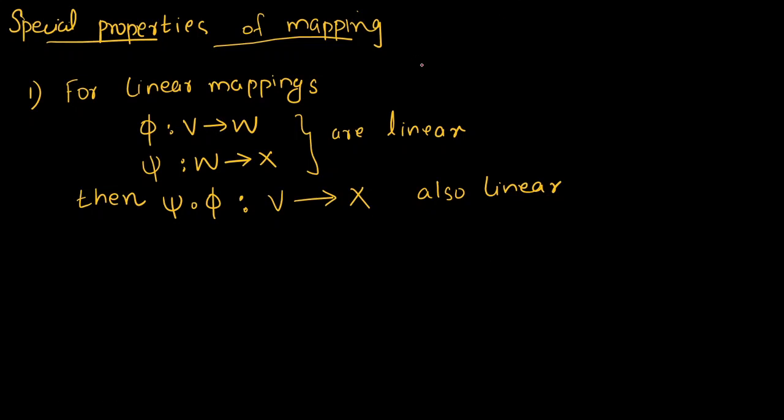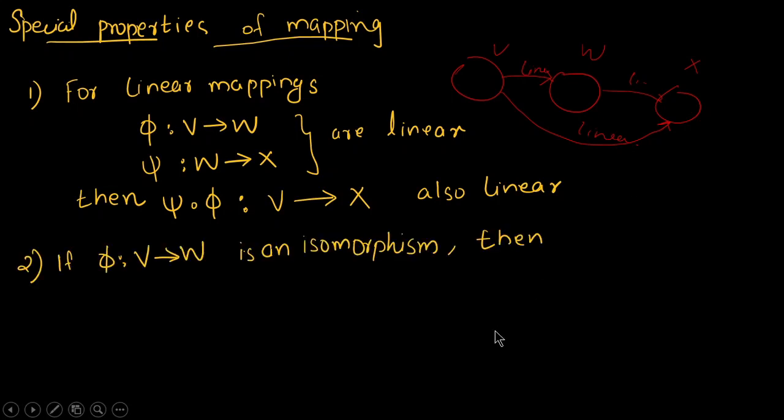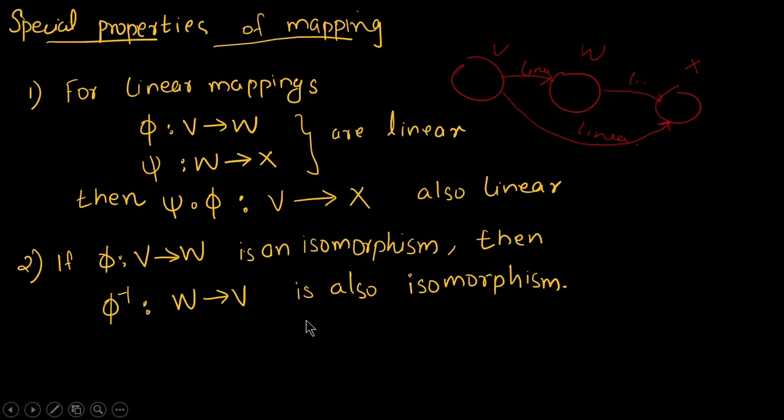That means we have a vector space V, a W and an X, and if the mapping from V to W is linear and W to X is also linear, then the transformation from V to X will also be linear. That's what the first property says. The second one is, if phi from V to W is an isomorphism, then phi inverse from W to V is also an isomorphism. Reverse properties are also there.